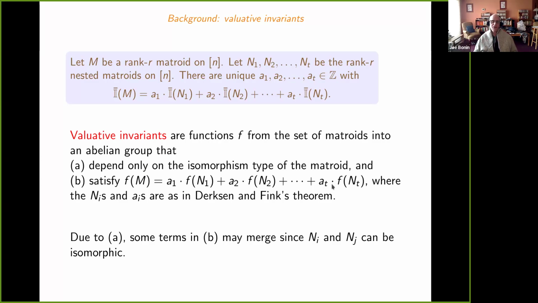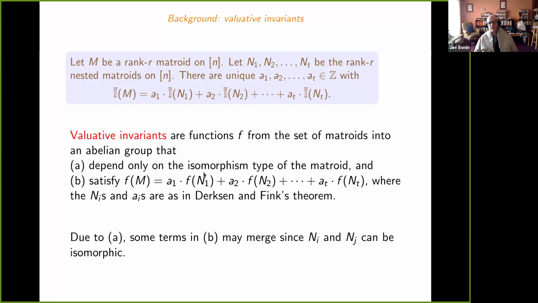And so that's what valuative invariants are. That's one of several ways of describing them. There are also ways in terms of polymatroid decompositions and whatnot. This is the one that is the quickest to get to for this, and it fits what we're going to do. I'll give you a lot of them shortly.